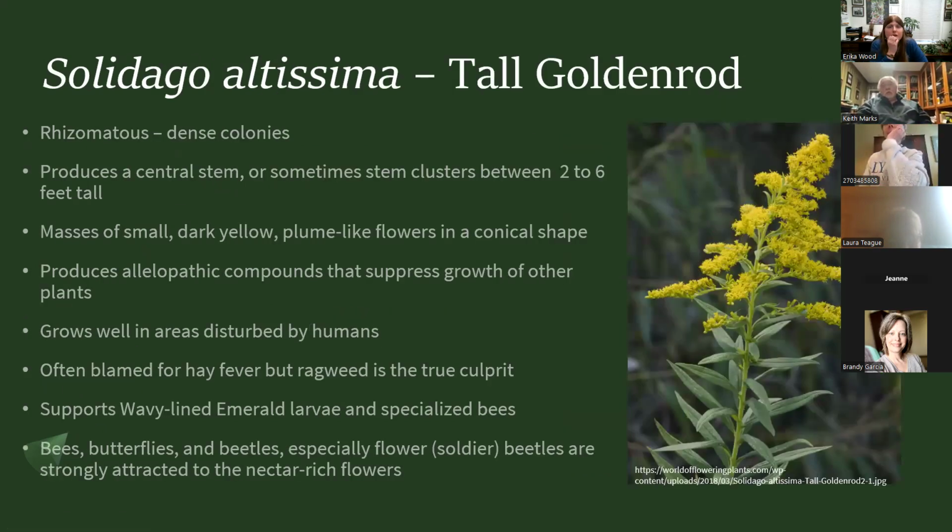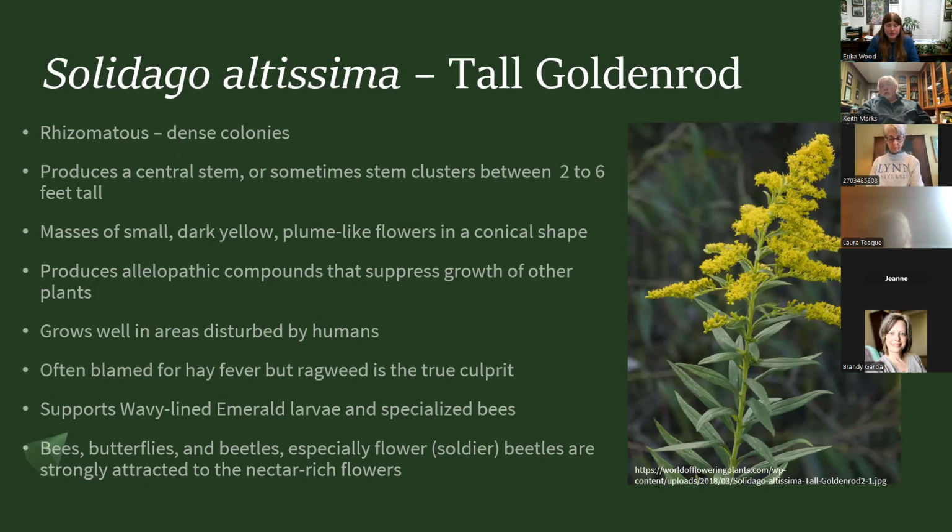All right, let's move to Solidago, our goldenrod genus. A lot of times goldenrod just in general gets a very bad rap, and I hate it because it's a really good plant.